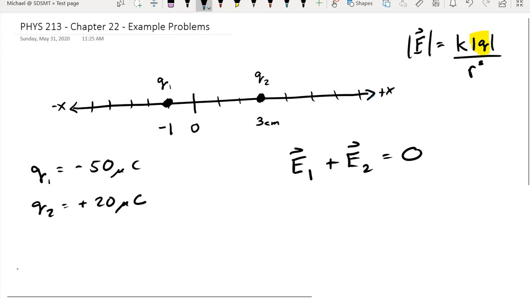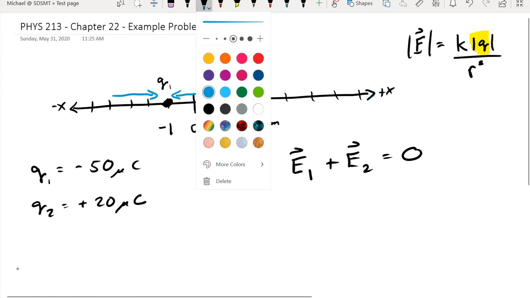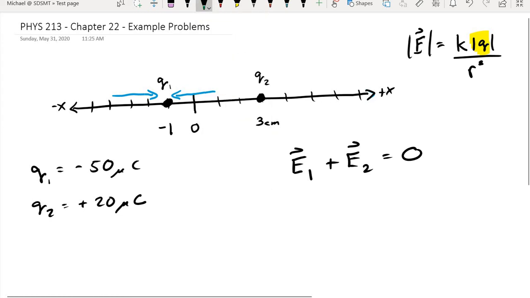So for Q1, since Q1 is a negative charge, we are going to see field lines pointing towards charge 1 from either direction. And because Q2 is a positive charge, we will see field lines pointing away from it on either side or either direction.